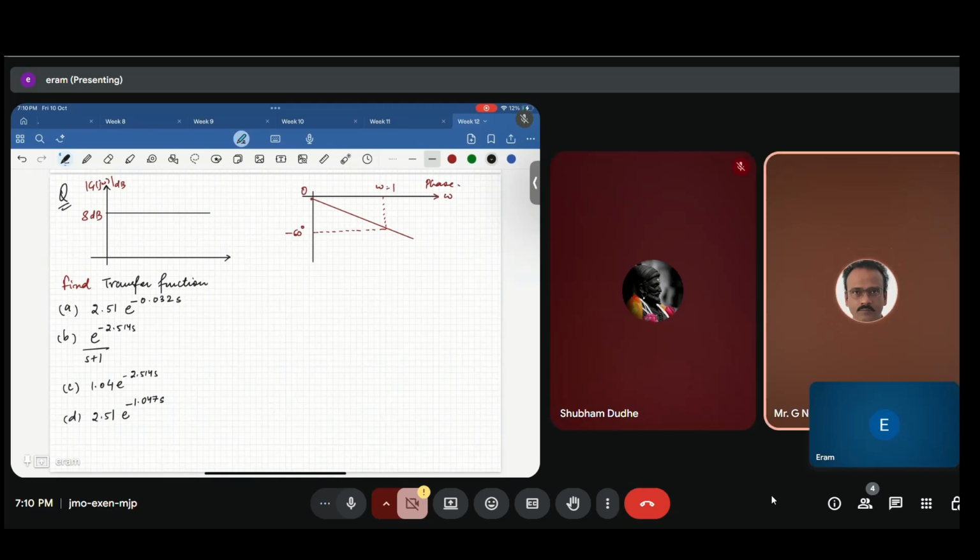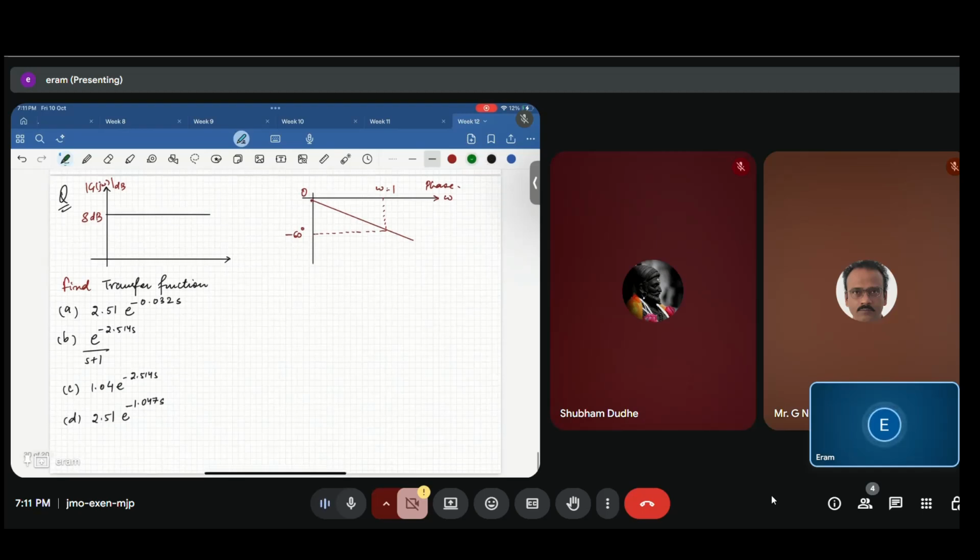I think option A, ma'am. Option A. Okay. 2.51 is the magnitude and it's a negative slope decay. Okay. Let's solve it. By looking at the Bode magnitude plot, what we can confirm is that we have a gain type of transfer function.